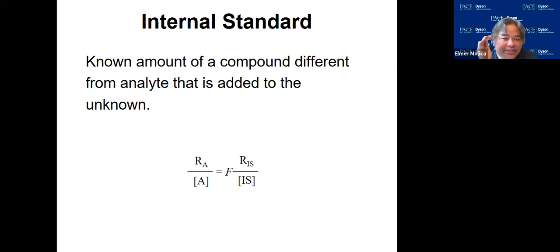But for the internal standard, you're going to add another standard to the sample. So in the internal standard, you're adding a known amount of a compound, different from the analyte, to the unknown. And then you're going to look at the ratio of the changes that they have. So the formula that you have here is this one.